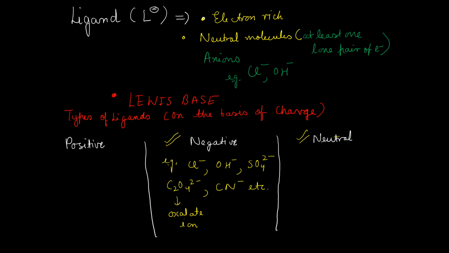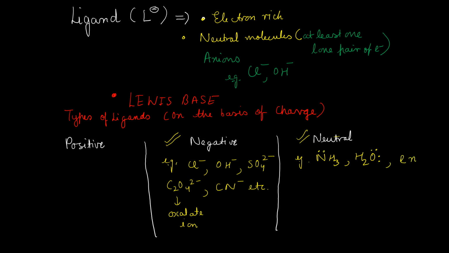Neutral molecules which can behave as ligands should have at least one lone pair of electrons on them. So ammonia is a very good ligand. Then water is also a very good ligand because it has a lone pair of electrons on the oxygen atom.